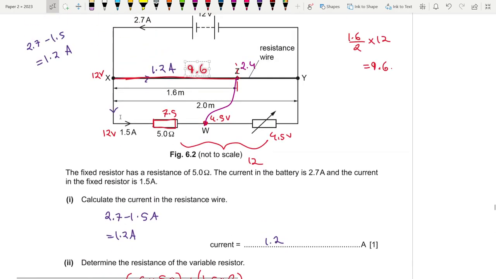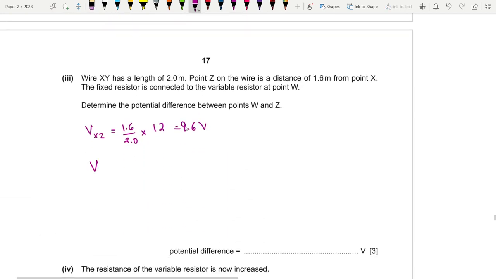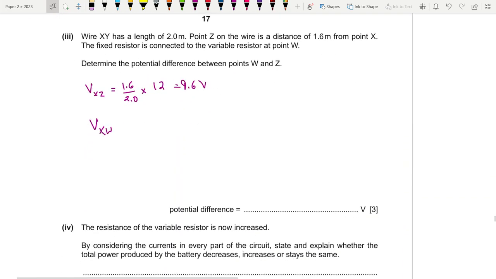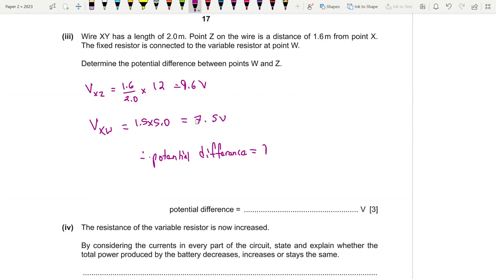So what about this part, the voltage that the 5 ohm resistor is getting? So that's XY, right? Wait, XW, my bad. VXW is equal to 1.5 times 5 volts, which is 7.5 volts. So the potential difference is 9.6 minus 7.5, which is 2.1 volts.